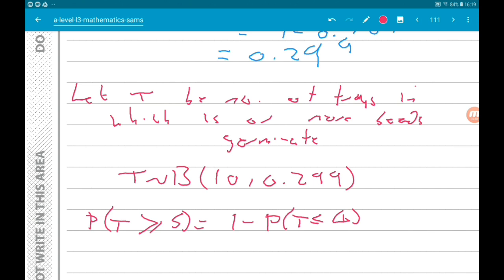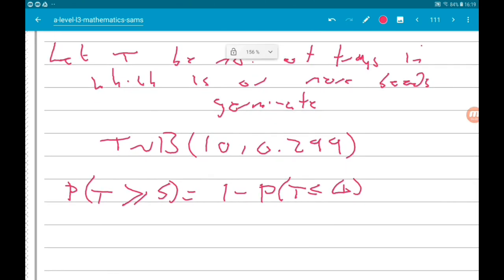Again, we can use our calculators to work out the probability that T is less than or equal to 4, and we get for that 0.851. So this is 1 minus 0.851, and that finally is 0.149.